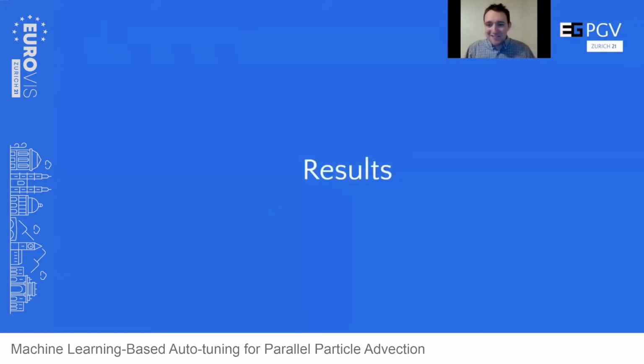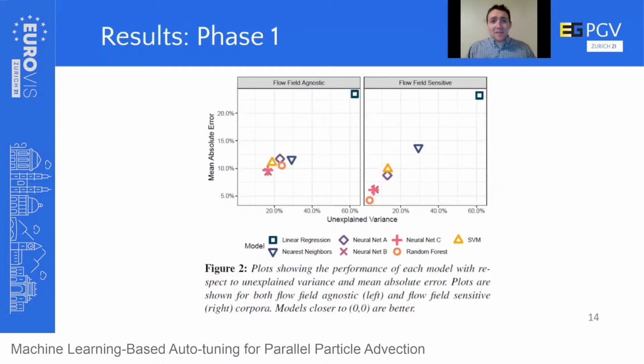So here are our results. In terms of our phase 1, that is specifically with our machine learning techniques, we actually went and did a little bit more and separated our corpus of training data into two components. The first is that we ideally didn't want to rely too much on our underlying flow field, or minimize the amount of information.